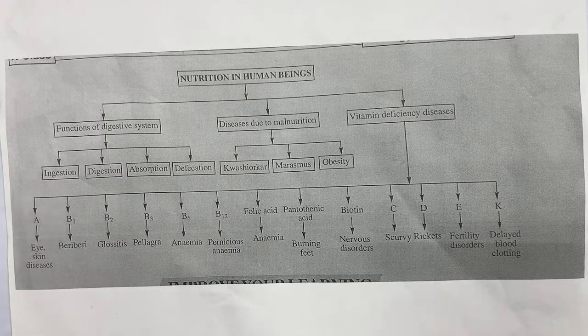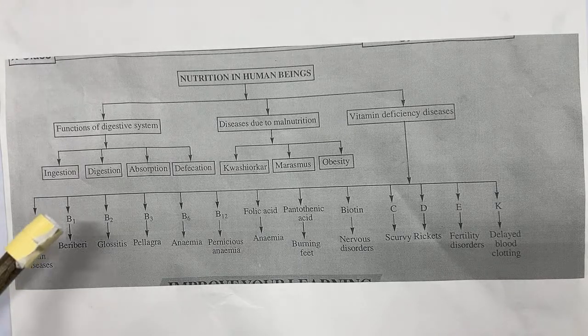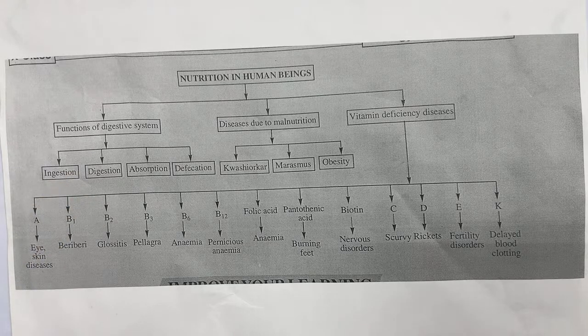Here, ingestion means taking the food into the body. Taking the food into the body is called ingestion. There is no question of the digestion process here. Coming to digestion, a lot of enzymes play an important role in digesting the food. Generally, digestion of food takes 3 to 4 hours.